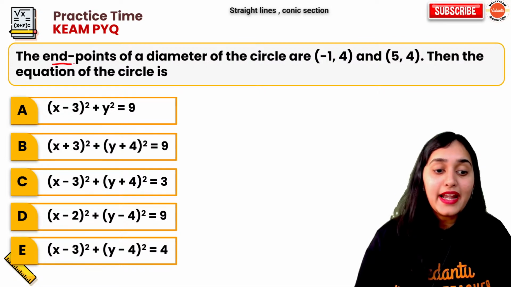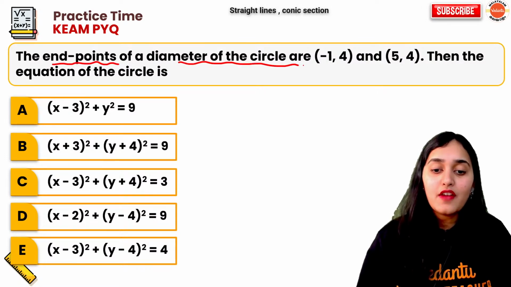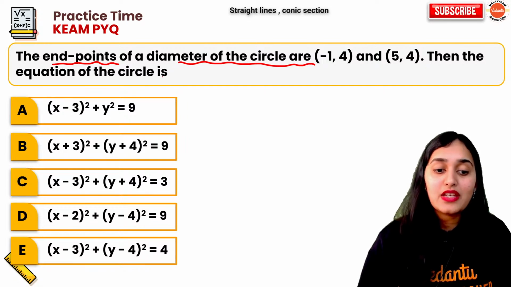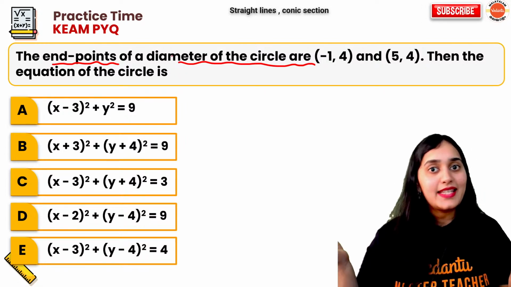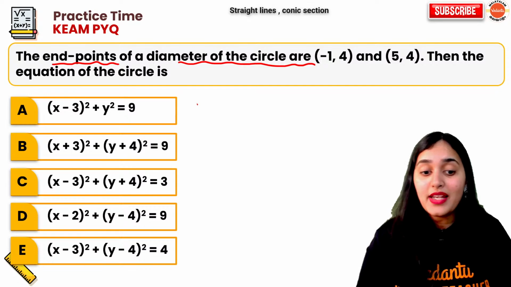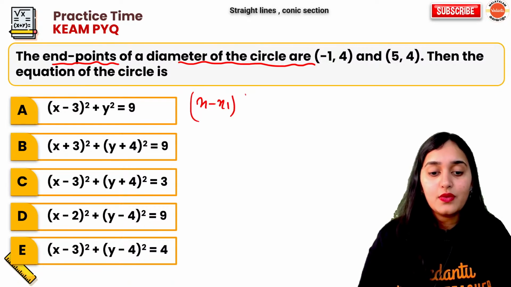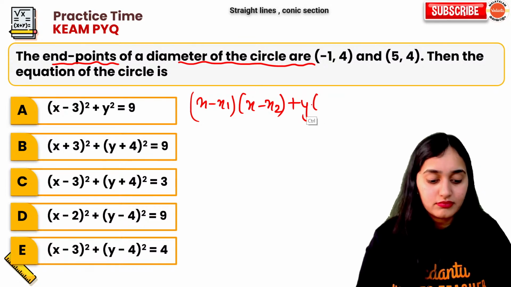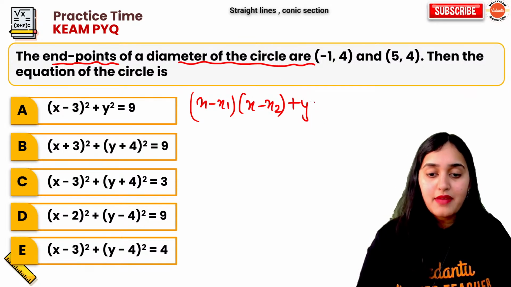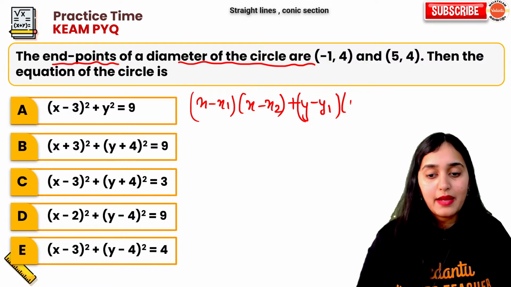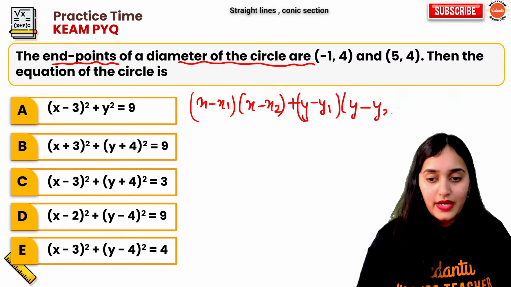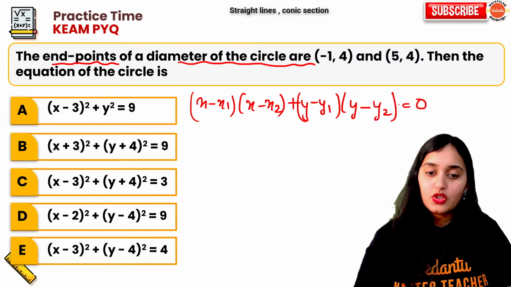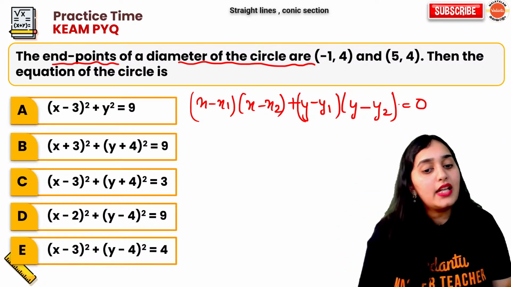Next, the end points of the diameter of the circle are given, then the equation of the circle is dash. Just now I told you a direct formula: (x minus x1) into (x minus x2) plus (y minus y1) into (y minus y2) is equal to 0. So just put everything in the formula, you'll get your answer.